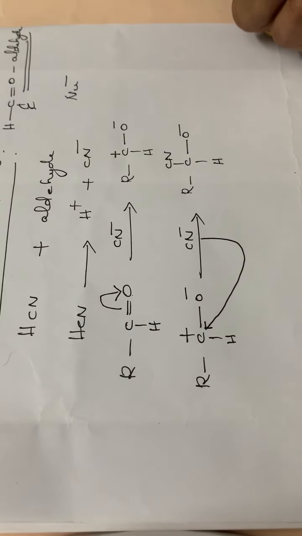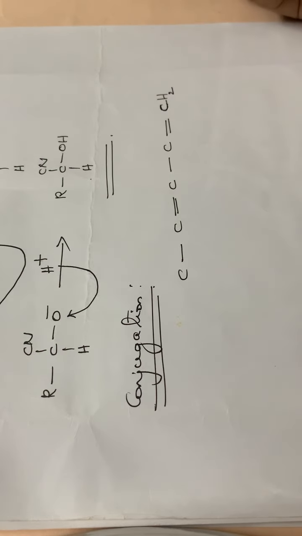So what do you mean by conjugation? Suppose I am writing a compound C single bond C double bond C, then again single bond C, then double bond C. What is the peculiarity of this compound? This is a carbon skeleton, right? That means the valencies are not filled. Carbon has 4 valencies, so for this carbon atom, 2 more valencies are there.